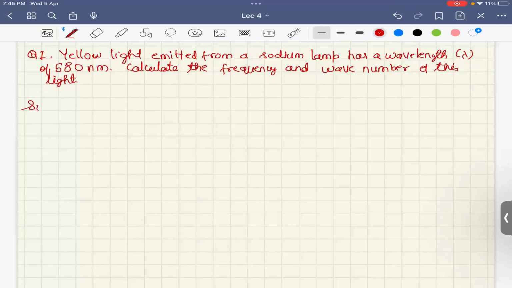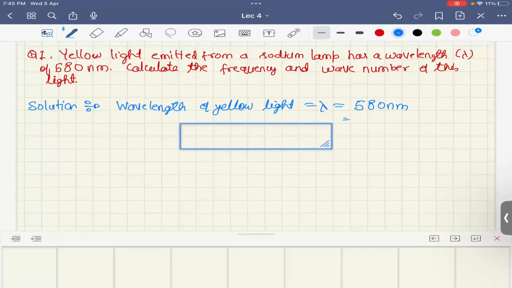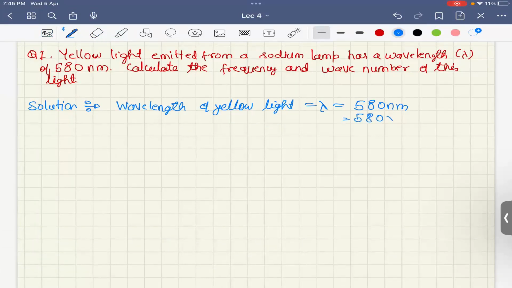Okay. So solution: the wavelength of yellow light, which is denoted as lambda, is nothing but 580 nanometer, which is 580 × 10 raised to power minus 9 meter, because 1 nanometer is nothing but 10 raised to power minus 9 meter, right?